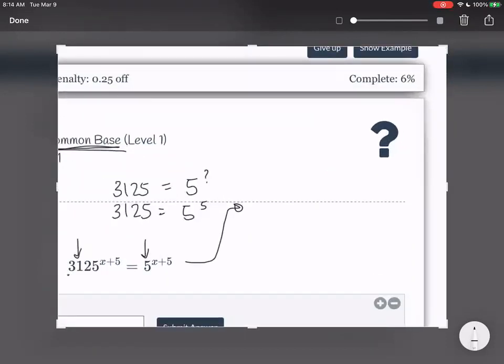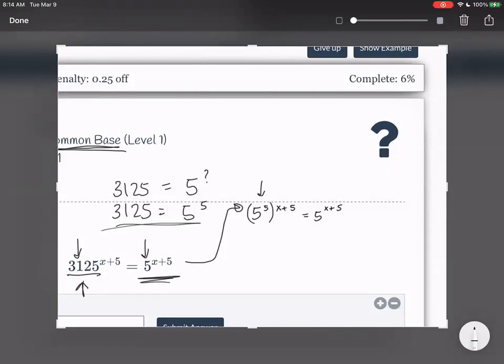Instead of 3,125, I'm going to write 5 to the power of 5 in parentheses. Then to the power of x plus 5 is equal to 5 to the power of x plus 5. This part remains unchanged. The only thing we changed here is the 3,125. I rewrote it as 5 to the power of 5 because they are equal.